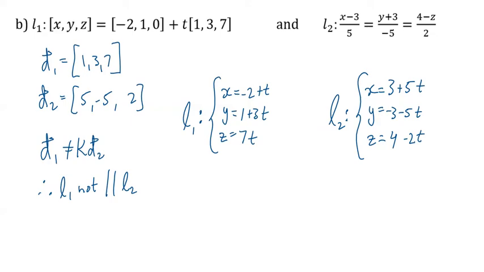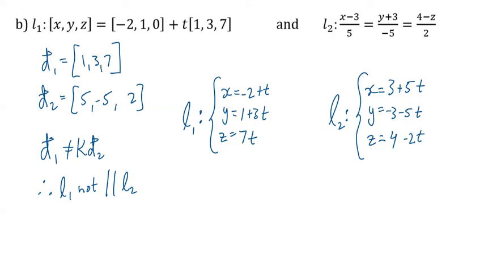The trick is like this. It's x minus x naught over m1, let's say, y minus y naught over m2. m1, m2, and m3 are the components of the direction vector.